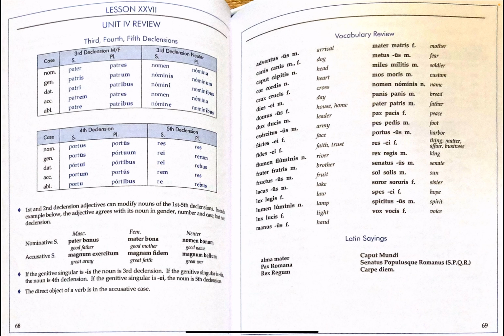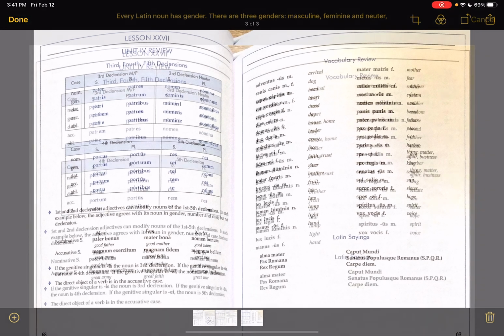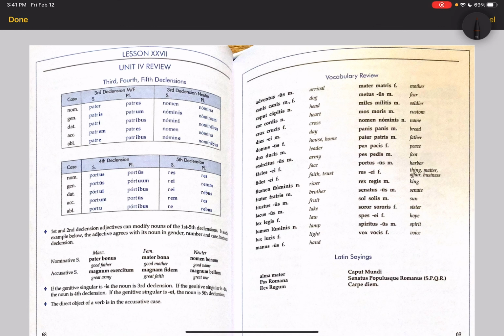Now, the 3rd declension has all 3 genders, as we know, and the masculine forms are the same as the feminine forms, which isn't to say that each noun could be masculine or feminine, but that they're declined the same way, whether they're masculine or feminine.